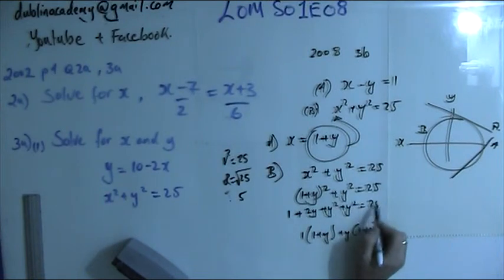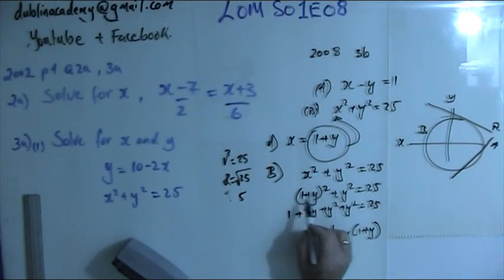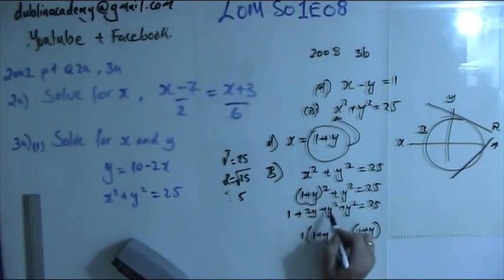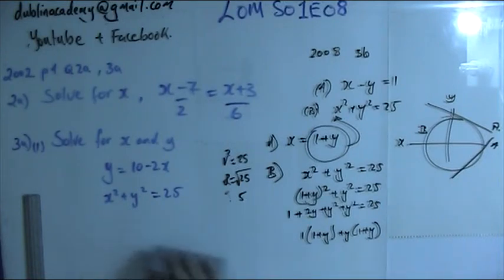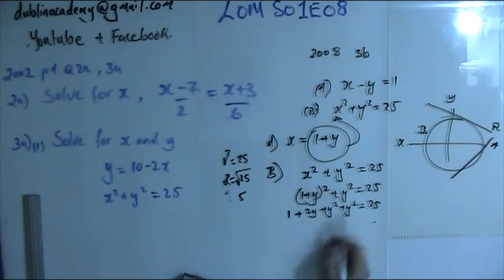Okay, this squared plus twice the product plus y squared. So twice the product is 2 times 1y, which is 2y. And I get this equation: 1 plus 2y plus y squared. So I add my like terms.